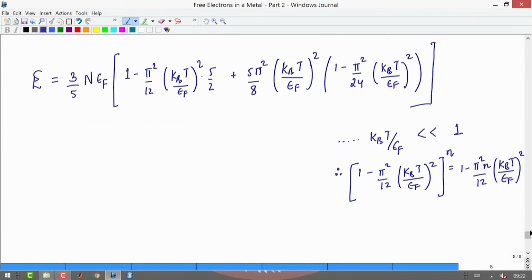Now, easily you can see, since we are in the approximation kT over EF much smaller than 1, I am going to drop terms that are higher than quadratic in nature. So, dropping definitely the 4th order term.